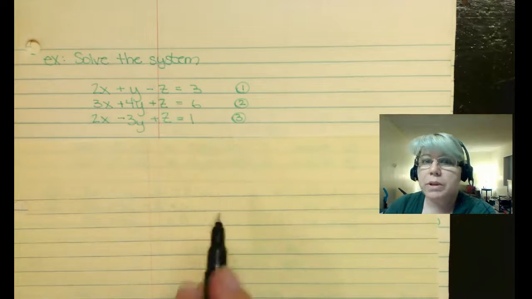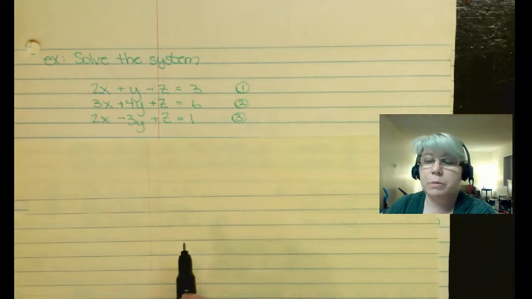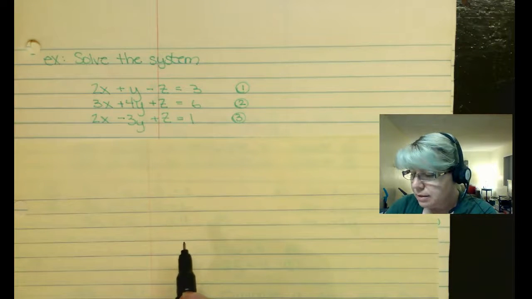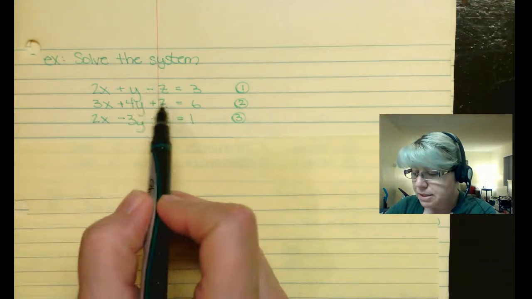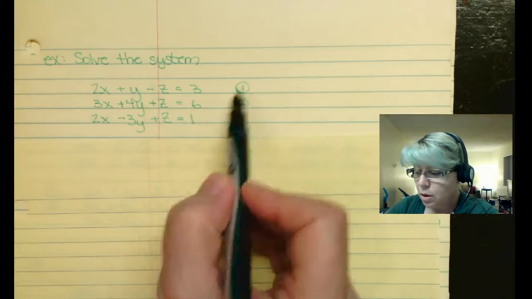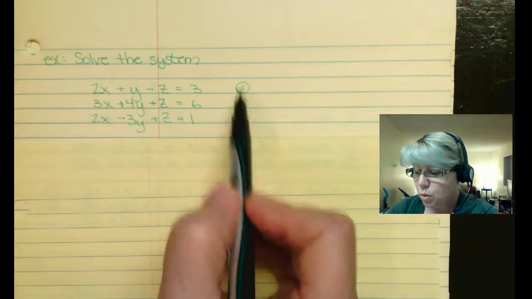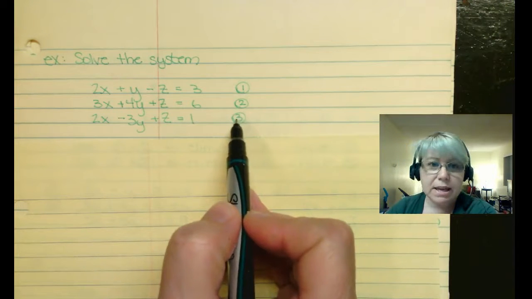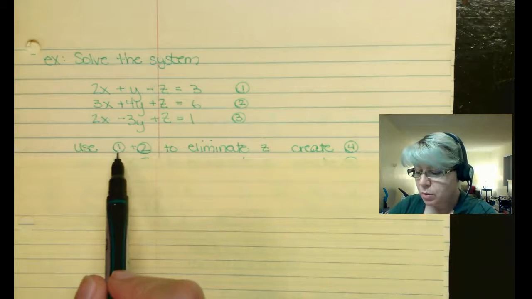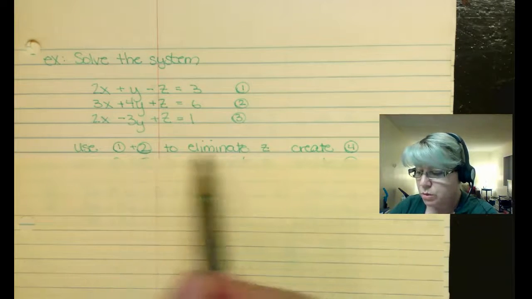It's at this point you want to decide which variable you first want to eliminate. And since I have a minus z, plus z, plus z, I think I'll combine 1 and 2 as well as 1 and 3. That way both of those will eliminate z. So the first step, I'm going to use equation 1, add it to equation 2 to eliminate z.